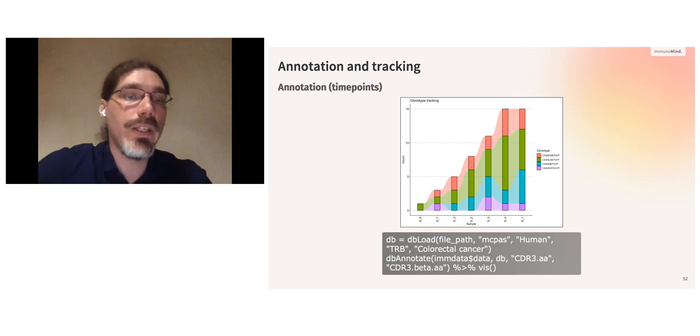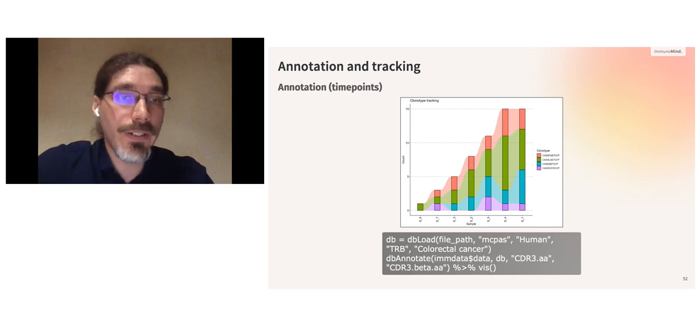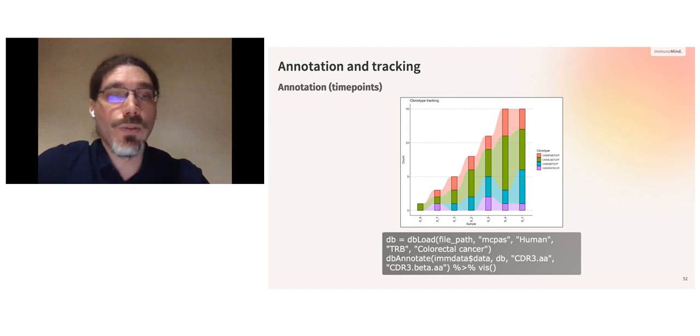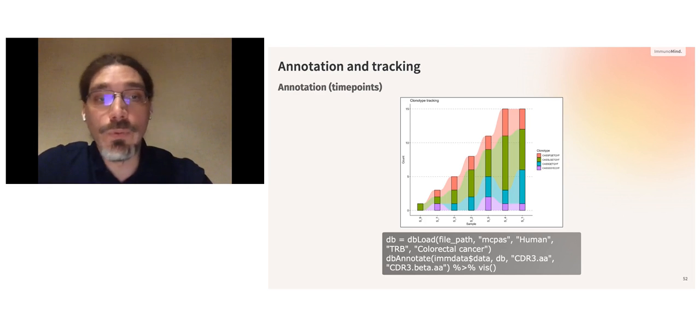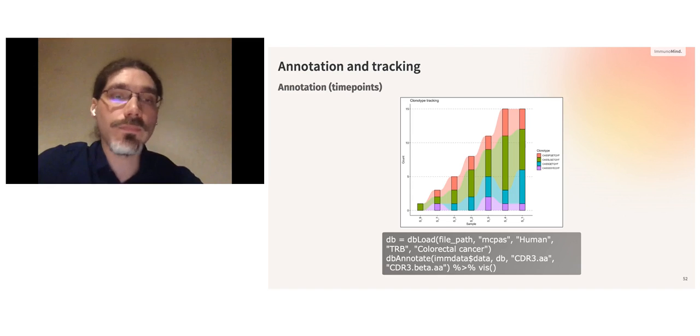In this function, we provide a path to the database file that you downloaded from the database website. You provide an identifier for the database, a species, a chain, and if you would like, you can also provide the indication.